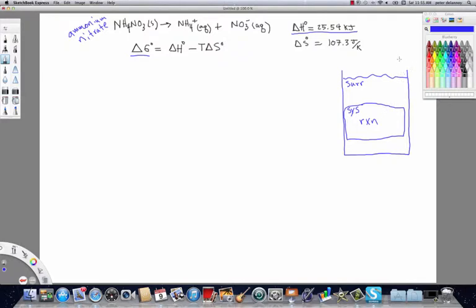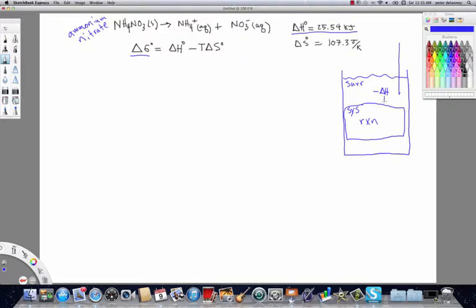All right, and we'll have a thermometer. Now, this is an endothermic reaction. The delta H is 25,540 joules, and what that means is that when we run the reaction in the calorimeter, we would see a temperature decrease.